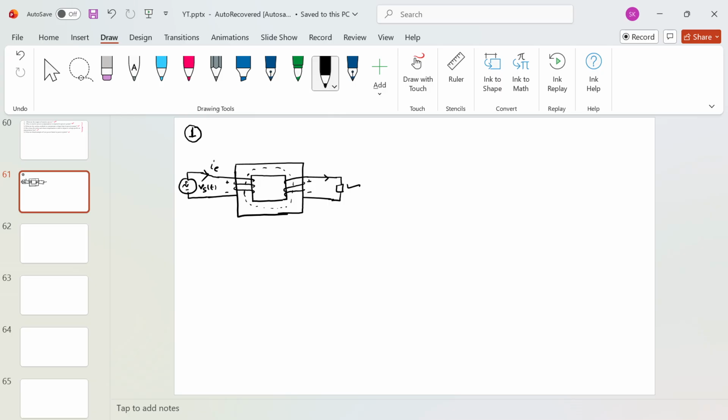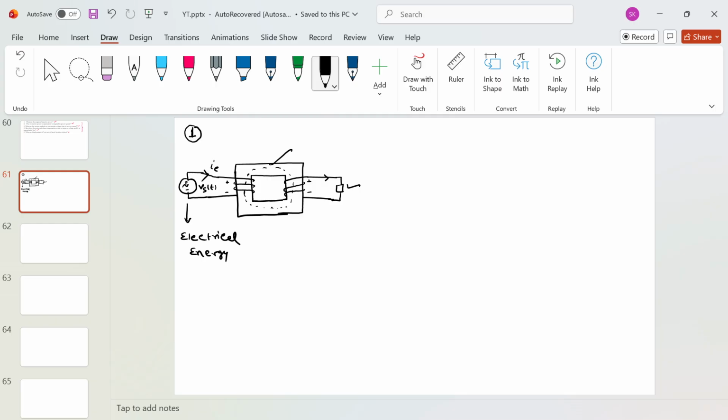So what is happening here? Initially you had electrical energy, then you convert that electrical energy into magnetic energy, because this flux is a magnetic field, right? And a magnetic field you can create with the help of an inductor.